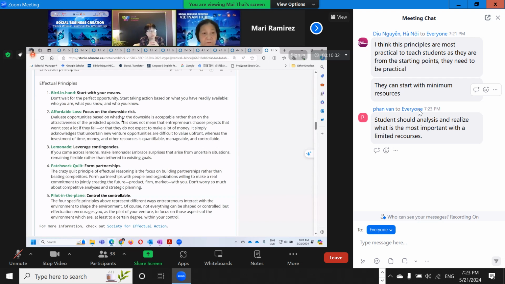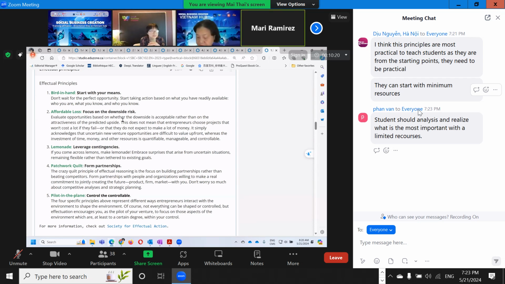Affordable loss. Here, it's about understanding the kind of risk. And in entrepreneurship, we have the phrase "fail fast." You hear it very often now. But we don't want to fail and die by failing.